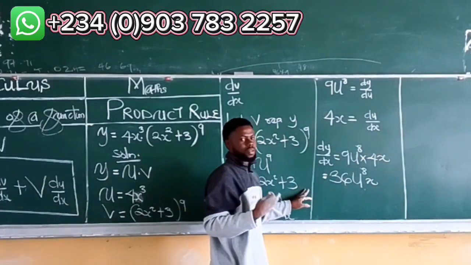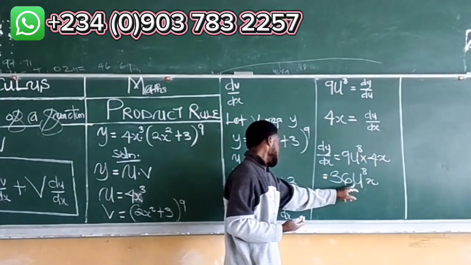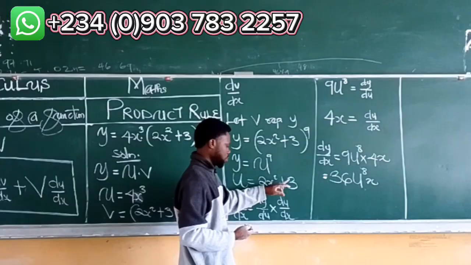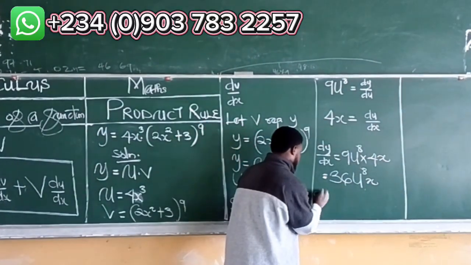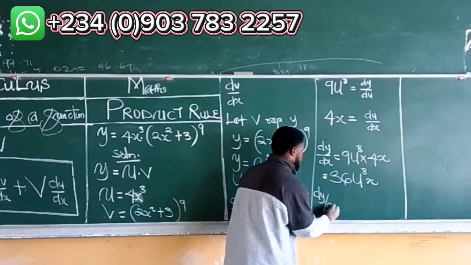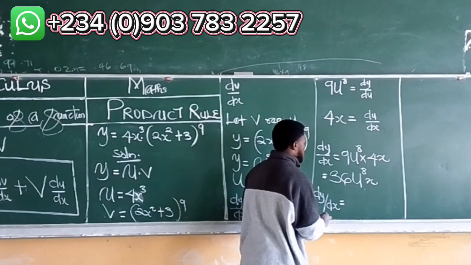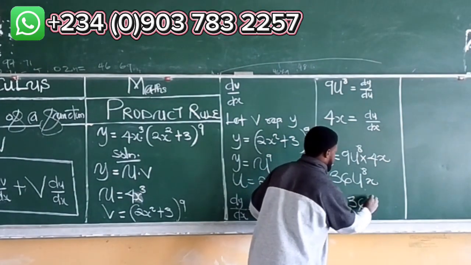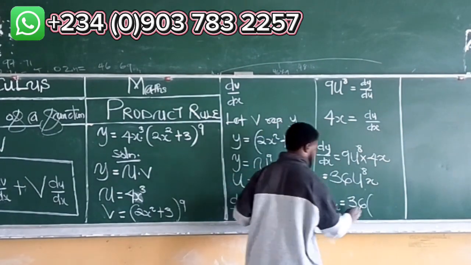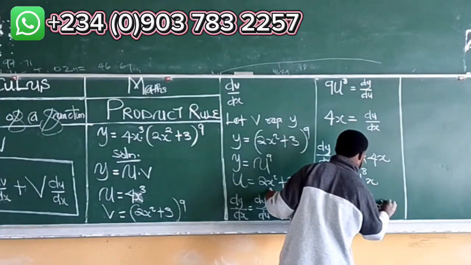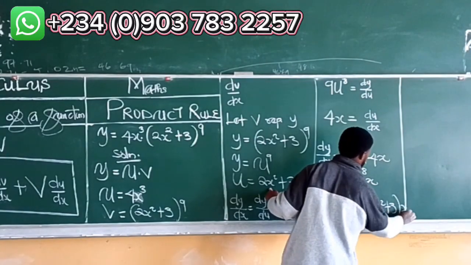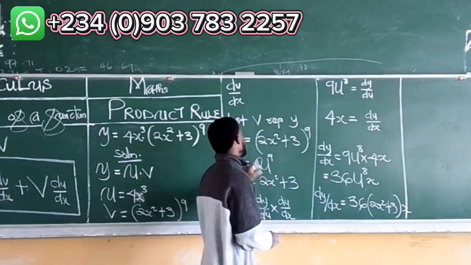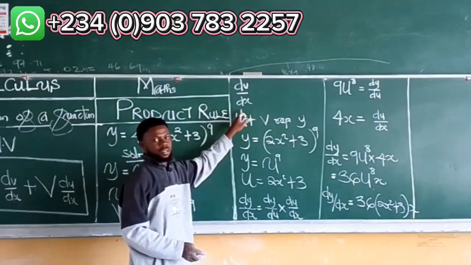The next step is to substitute. u is equal to 2x squared plus 3. So that gives dy over dx equal to 36x in bracket 2x squared plus 3, raised to the power of 8, which is the final solution for dy over dx.